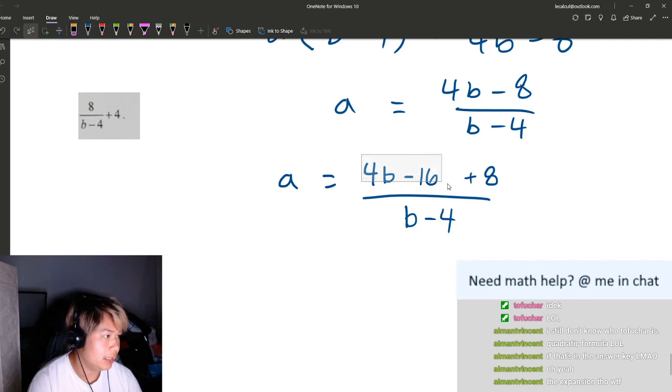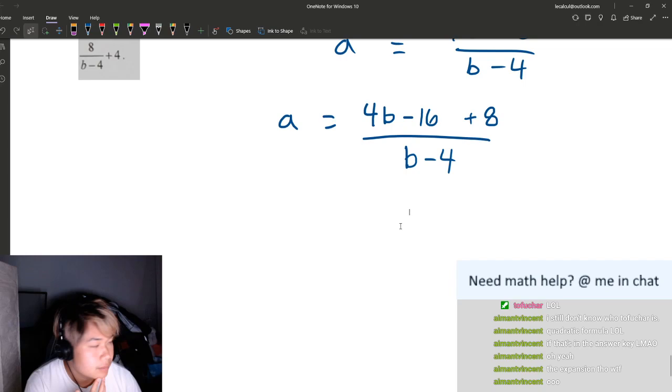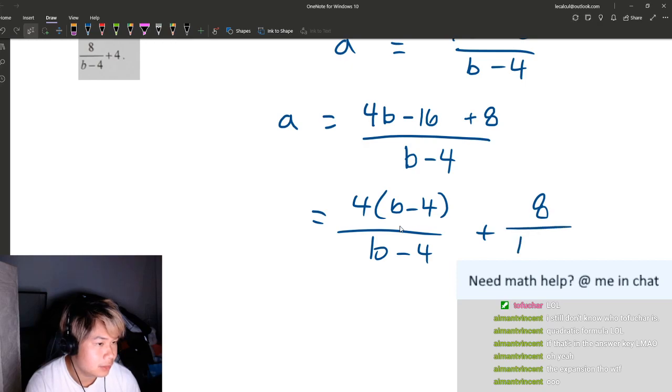So I'm thinking I'm going to split up this fraction into two pieces, and one part of the fraction is going to cancel out the B's. Actually, the B minus 4. So hopefully you can see that. Now if I factor this out, I'm going to have (B minus 4) over (B minus 4). And then I have plus 8 over (B minus 4), and then I'm done. Mission accomplished. Suck it, HL.